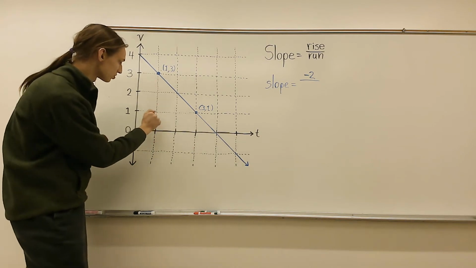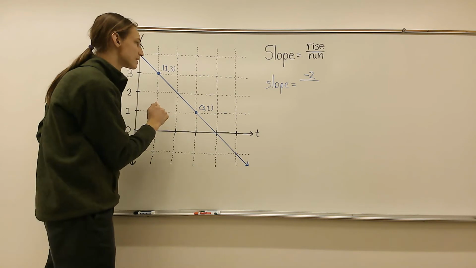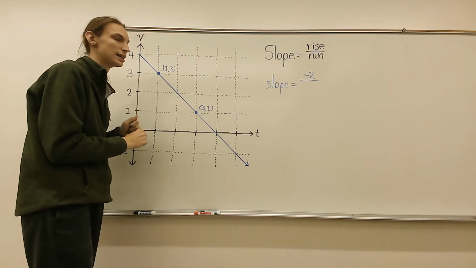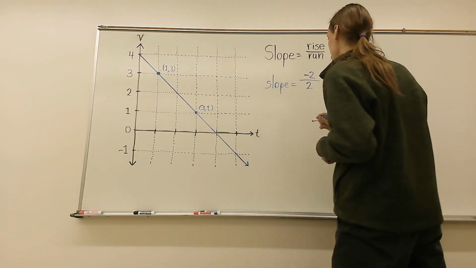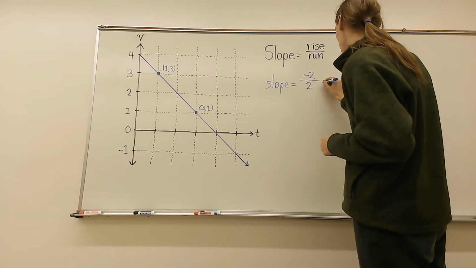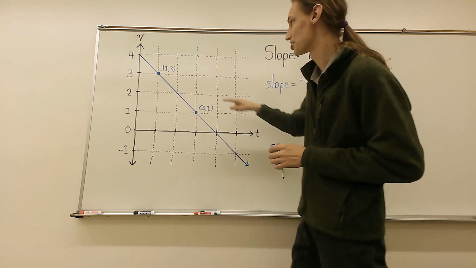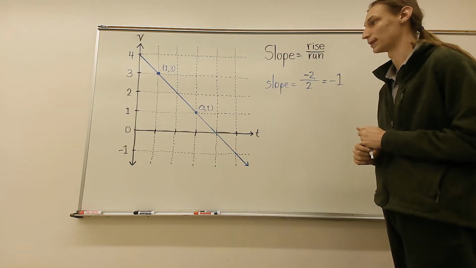So our horizontal change from that point to that point is again 2. But since we are going from left to right, it is positive. So our slope for this line is -2 over 2, which is the same thing as -1. So the slope between those 2 points of the line is -1.